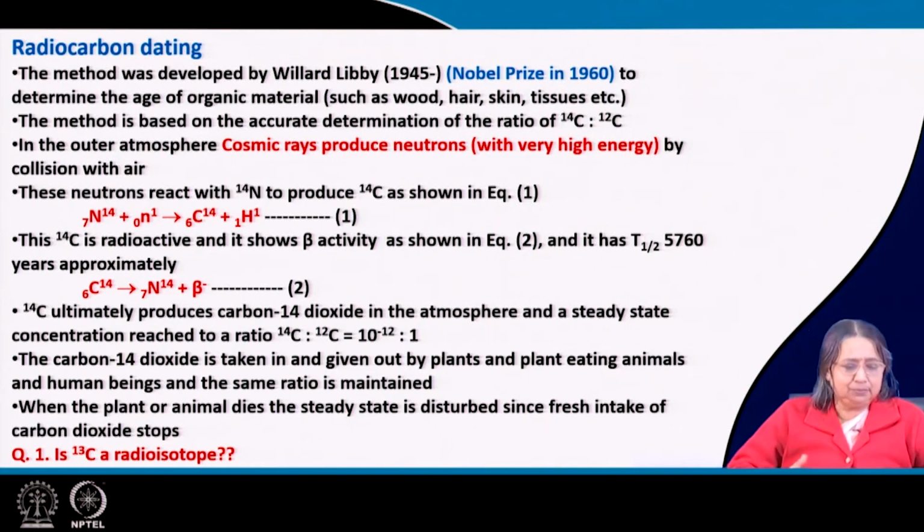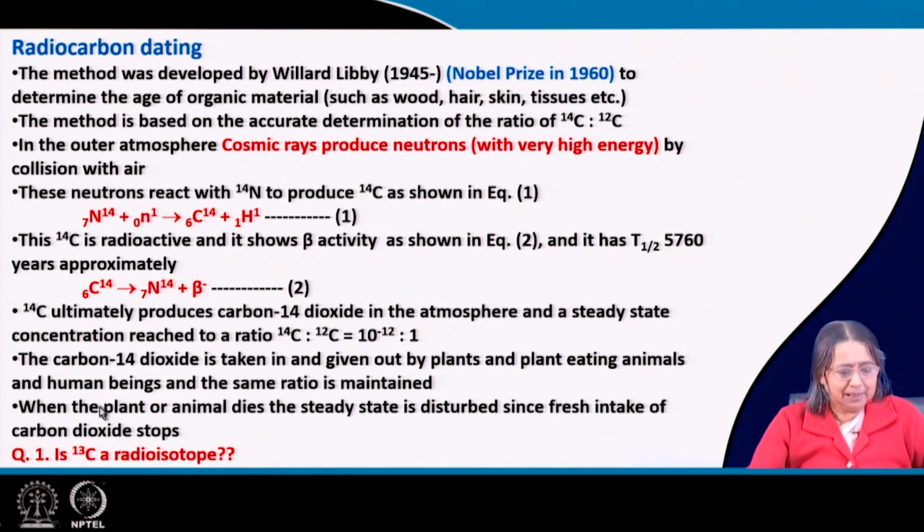So it is both taking in C14 carbon dioxide and C12 carbon dioxide and giving out both also. Now plant eating animals and human beings, any animal also eats plants. So there also this ratio is maintained.